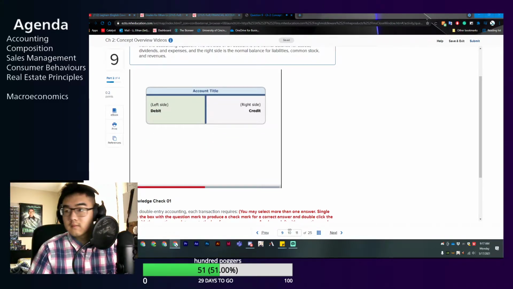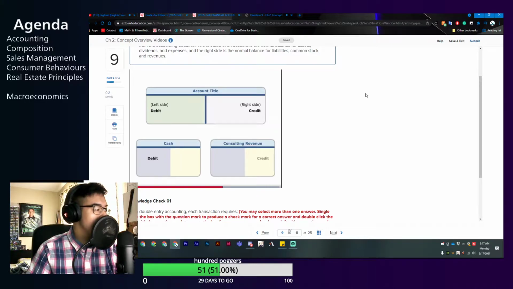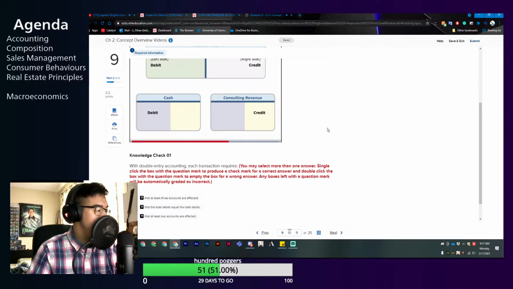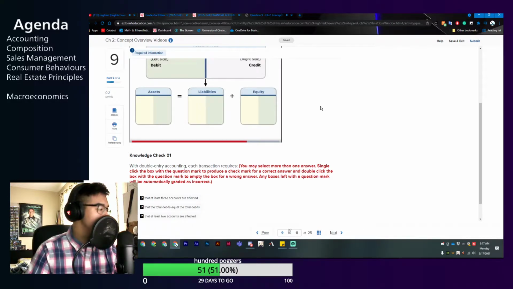Double entry accounting requires that for each transaction, at least 2 accounts are involved, with at least 1 debit and 1 credit. The total amount debited must equal the total amount credited. The accounting equation must be kept in balance. This means that the sum of the debits for all entries must equal the sum of the credits for all entries, and the sum of debit account balances in the ledger must equal the sum of credit account balances.